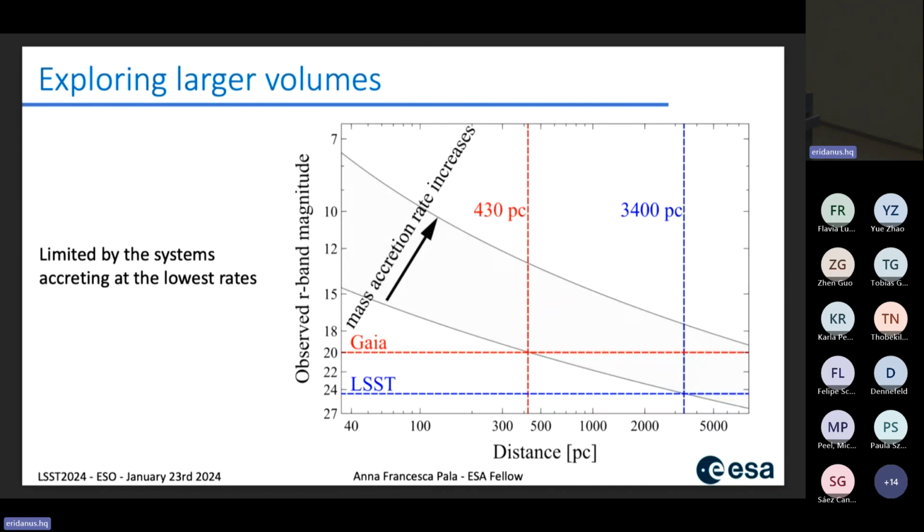So with Gaia, which stops at magnitude 20, we will be able to sample out to 400 parsec. And then you can see that basically we are limited. With Gaia, we will not be able to build complete volumes beyond this distance, because we will be missing the faint end of the population, which actually represents the bulk. With LSST instead, we will be able to explore out to 3 kiloparsec. And this will allow us to build volume-limited samples of objects for which we can study the properties of the population.